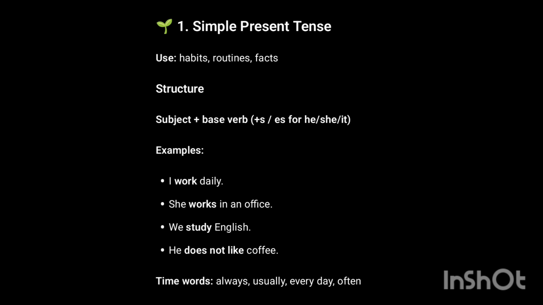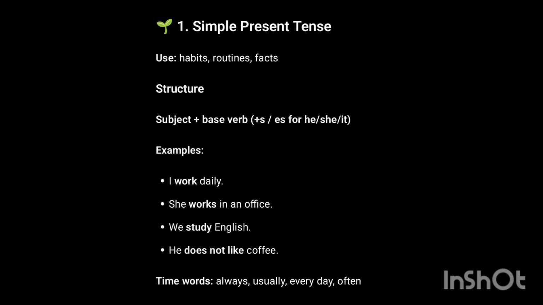And we all know for negative sentences, for I, you, we, they, he, she, it, all are the same. We have to use V1. Do you remember the rule? We have to use V1 after do or does not. Subject plus does not plus V1.